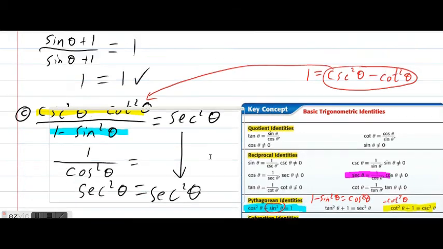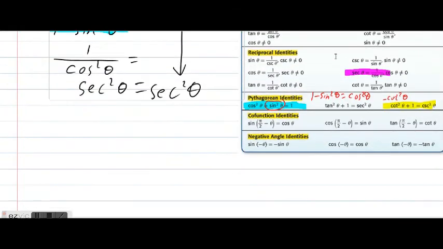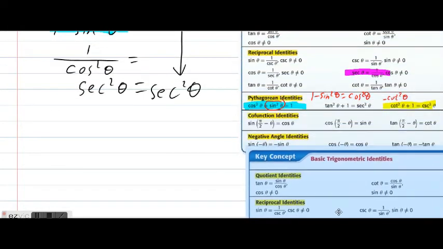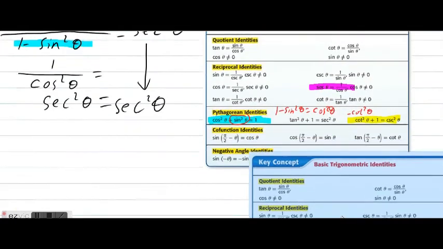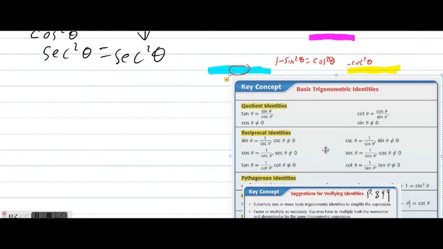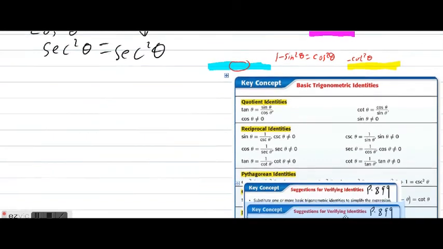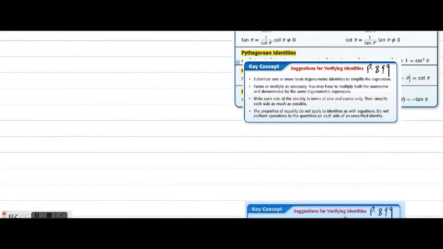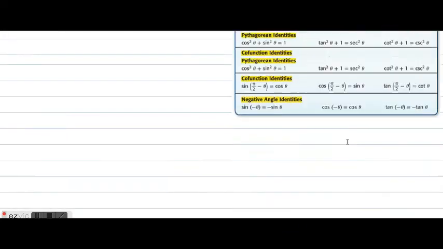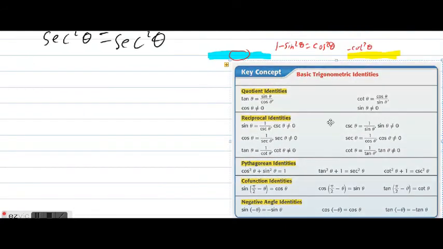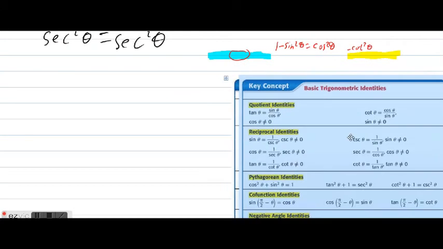So these problems are not as difficult as you think they are. You just have to manipulate. You have to be comfortable manipulating. And again, basic algebra, which I know you guys can do. Some of you guys just need a little more confidence in yourselves.